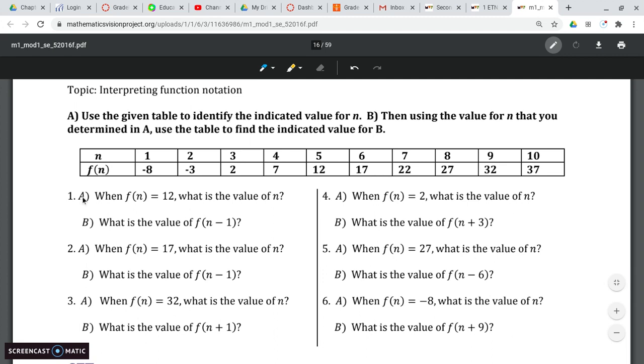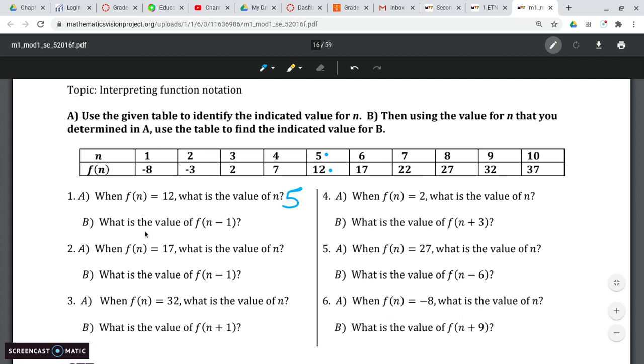All right, for number 1, A, when f of n equals 12, what is the value of n? So we're going to go to the line that says f of n, since we know the f of n number, and we're going to go until we can find 12, which is right here. So when f of n is 12, the value of n is 5. So there's our answer.